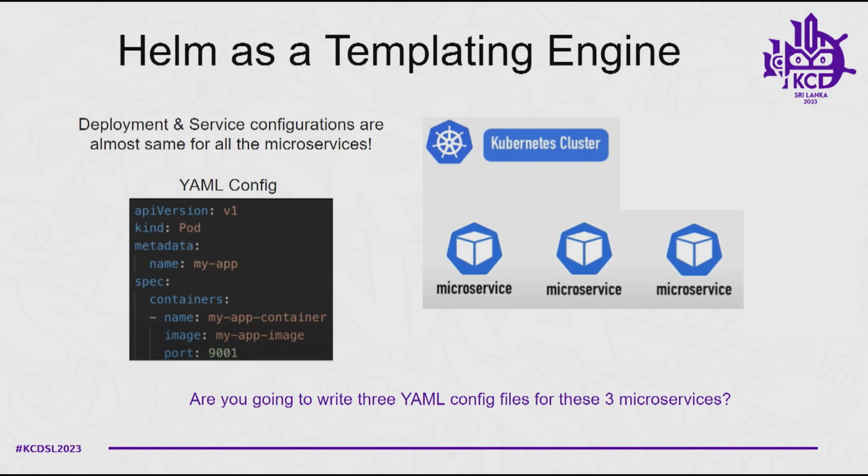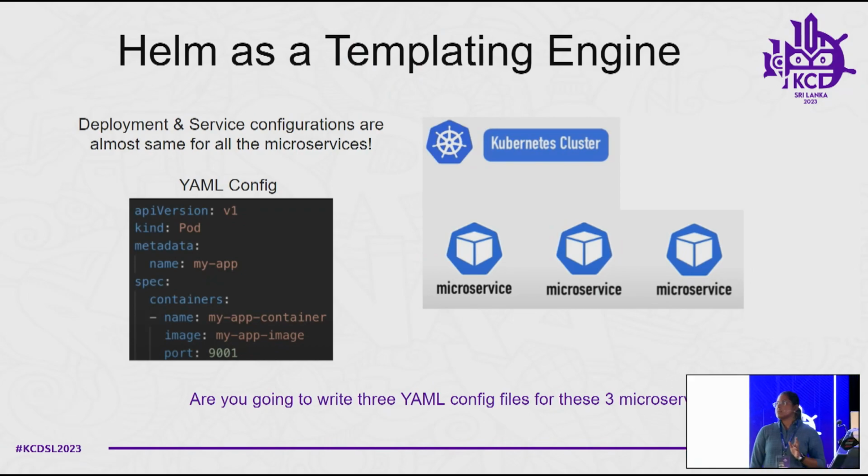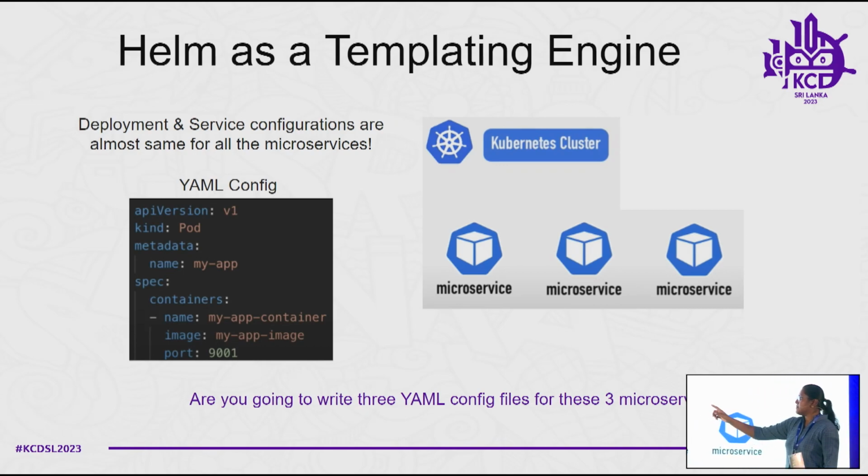So up to now, I have described how we can use Helm as a package manager. Another use case of Helm is that we can use Helm as a templating engine. Imagine that you have an application where three microservices are running, and you want to write service YAML files for each of these services. If you look at the template, it's kind of the same for every microservice, only the values for some fields are changing.